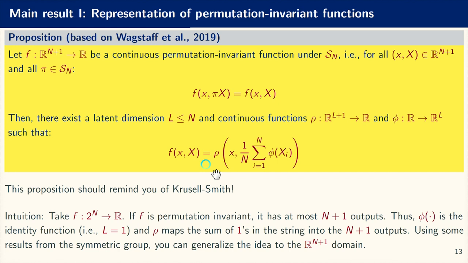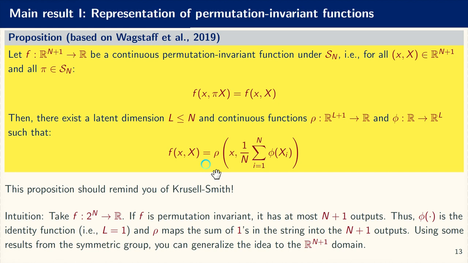Well, if this is the case, then the function has at most n plus 1 outputs, because you can have 0 ones, or 1 one, or 2 ones, or 3 ones, etc., up to n ones. Then phi is just the identity function. This is a case where L is equal to 1, and rho maps the sums of ones in the string into the n plus 1 outputs. We have done a gigantic dimensionality reduction.